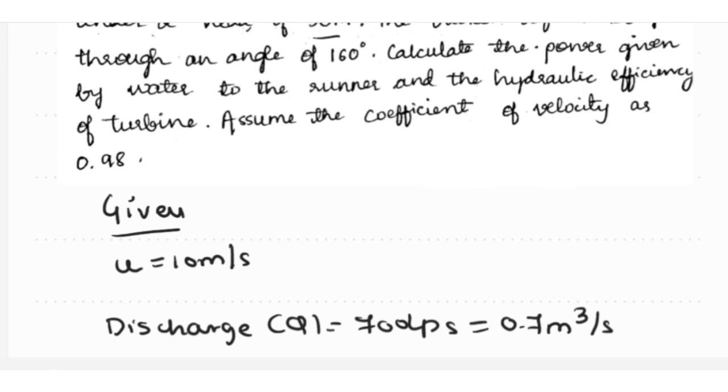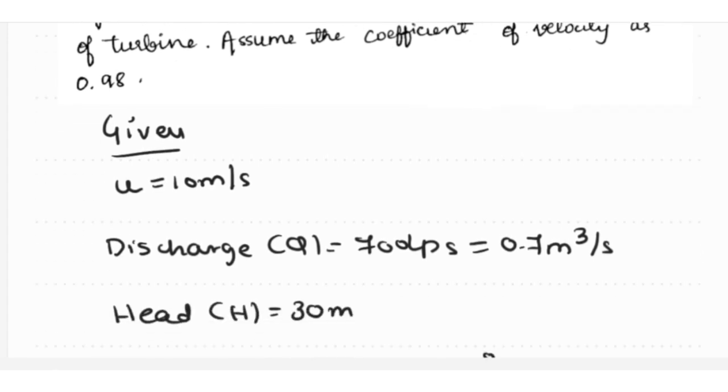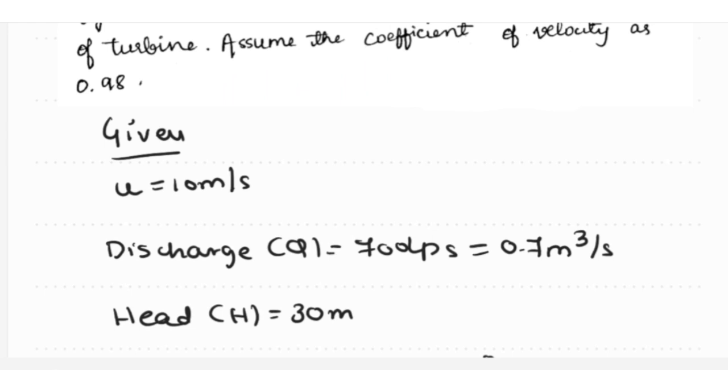So we have to calculate the power: the water power you have to calculate, and the second thing you have to calculate is hydraulic efficiency. So we have to calculate the runner power. It is the power given by water to the runner, that is nothing but work done by the bucket or wheel.